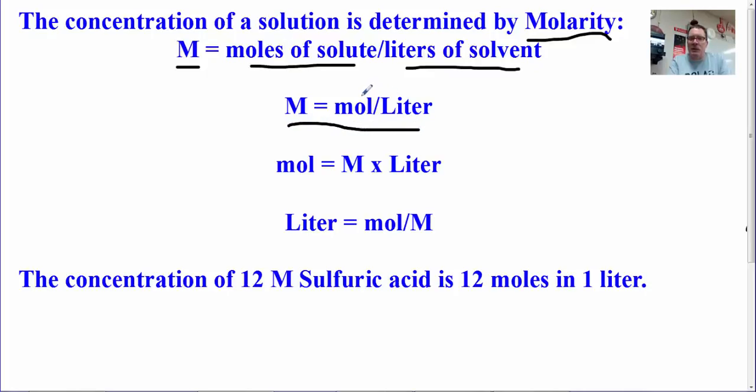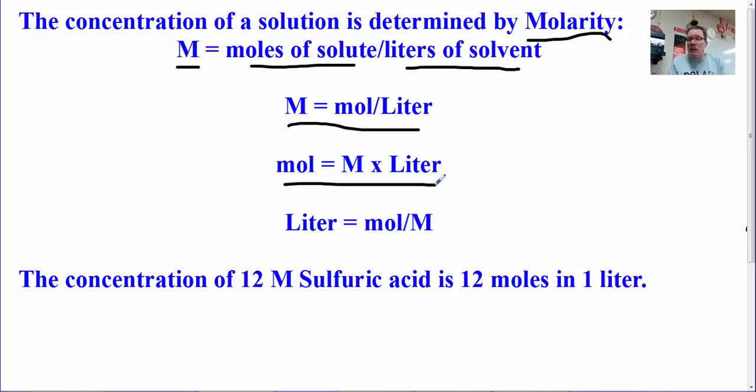Again, that's solute, so that's the stuff getting dissolved. Liters is the solvent, 99.9% of the time that's going to be water. I can take this 3 variable equation and I can rearrange it to solve for moles. I may need to do that if I want to know how many grams of, say, salt I want to dissolve in the water. I may have to calculate that to get a certain molarity, a certain concentration.